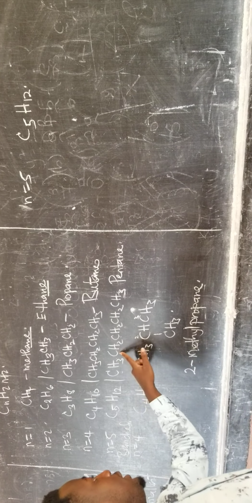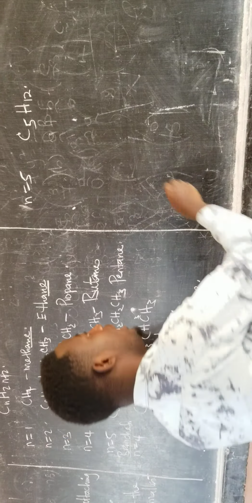If I bring it here, I would have CH3, CH, and I bring my CH3 here, and then I just complete CH3, CH2, CH3, whereby one of the hydrogens here has come to complete here.